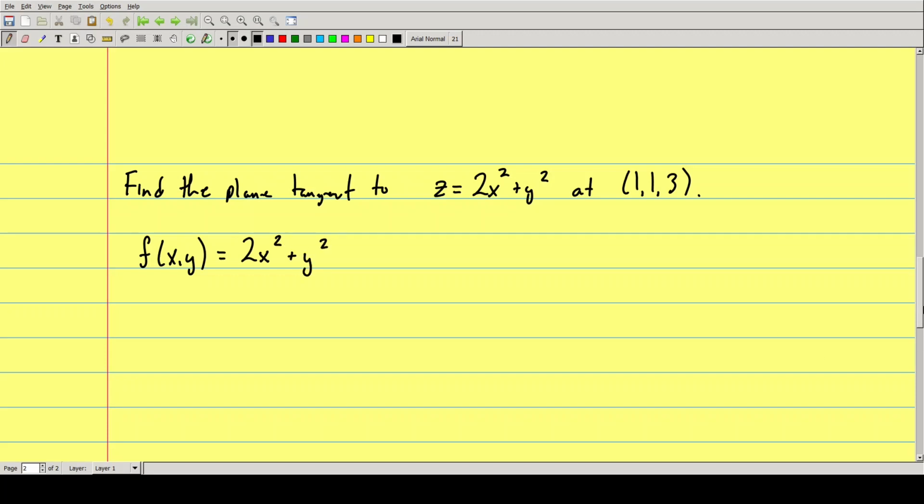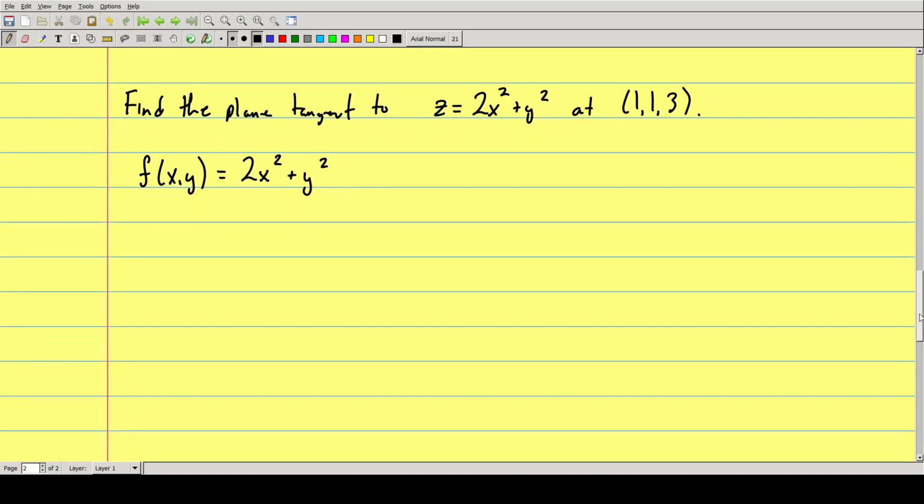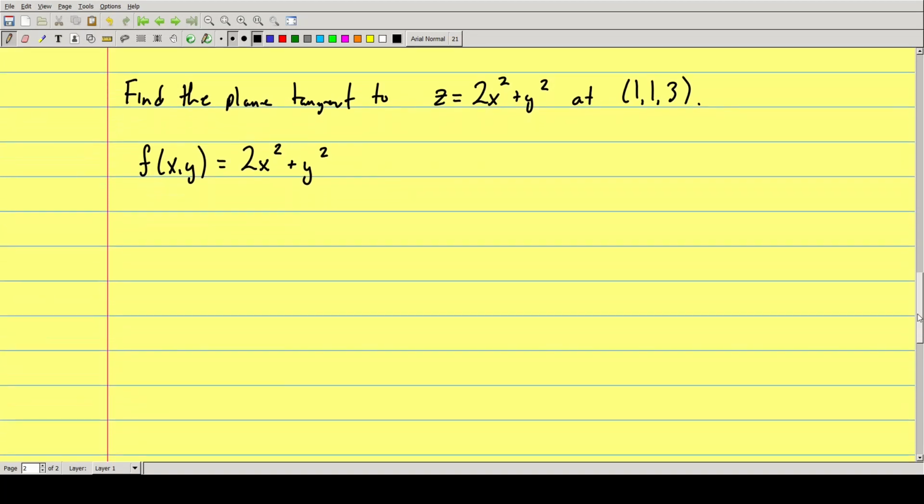And we need to compute the relevant partial derivatives. We start by finding the partial derivative formulas, and then we'll plug in our values. So if I take the derivative of this expression with respect to x, I'm just going to get 4 times x, because the derivative of y squared is 0.